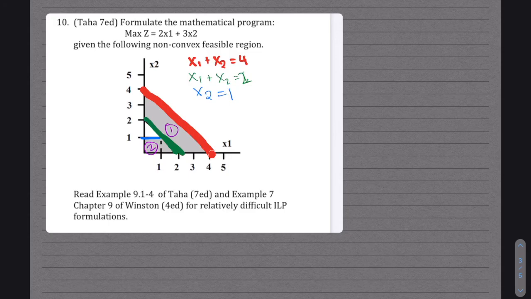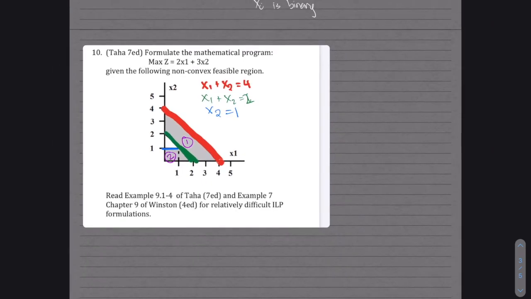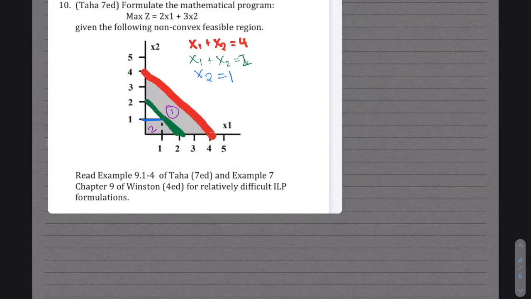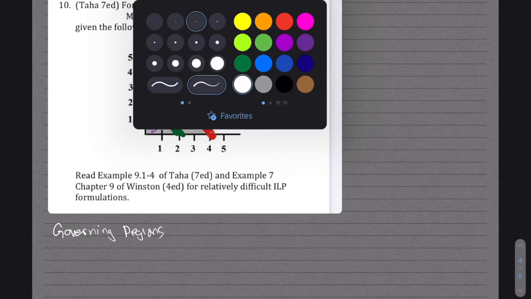From there, we now define the bounds of your regions. First, let's get your governing regions, meaning these are the exact boundaries of your feasible region that will make them convex. Your exact boundaries for this problem are given by these purple lines.